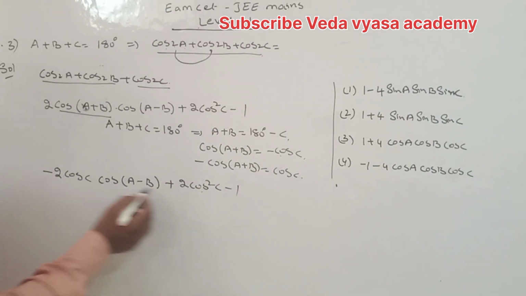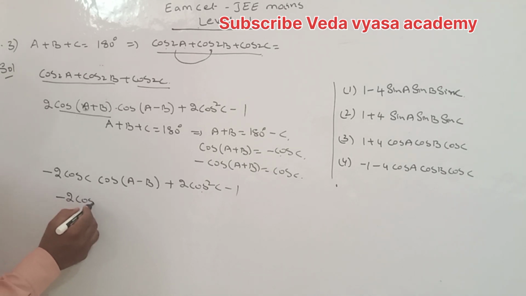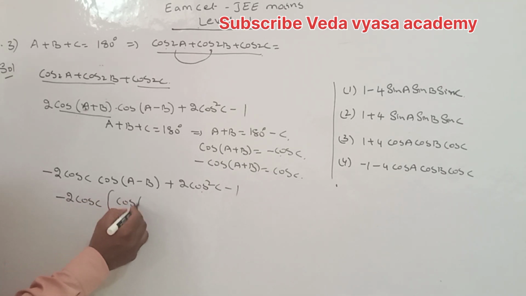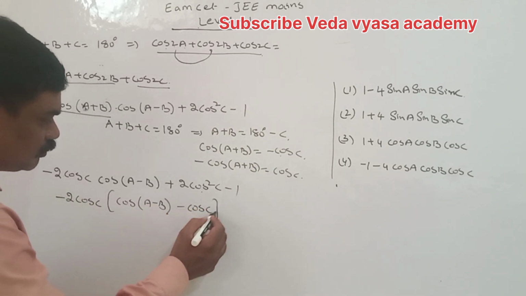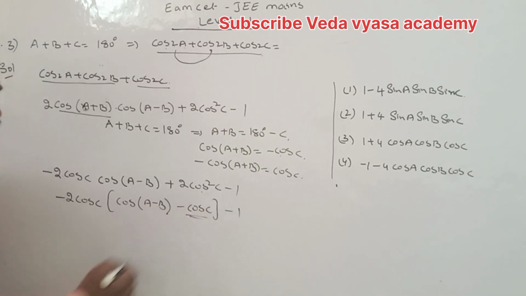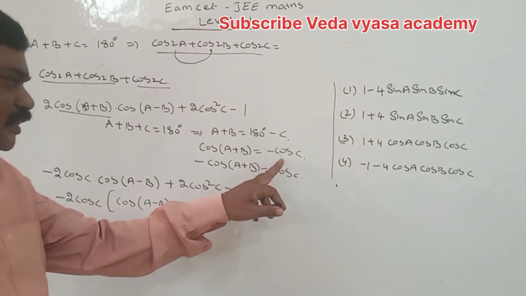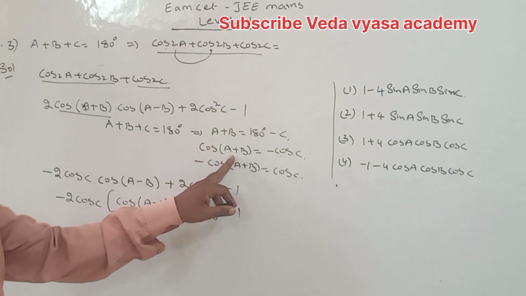From these two, taking minus 2 cos c as common, cos of a minus b minus cos c, minus 1. But minus cos c is equal to what? Minus cos c is equal to cos of a plus b.